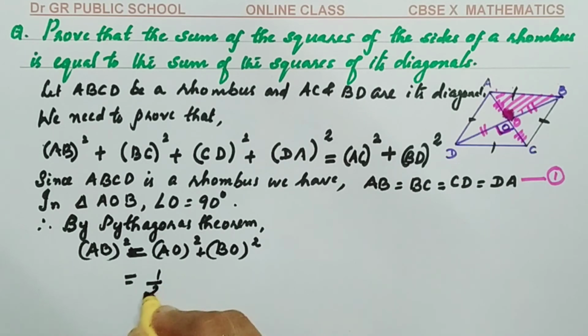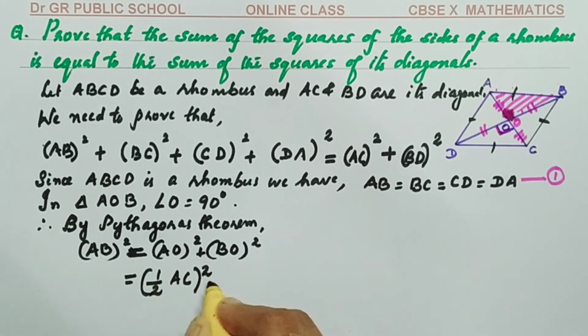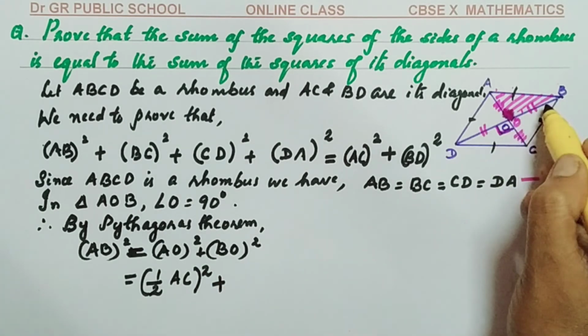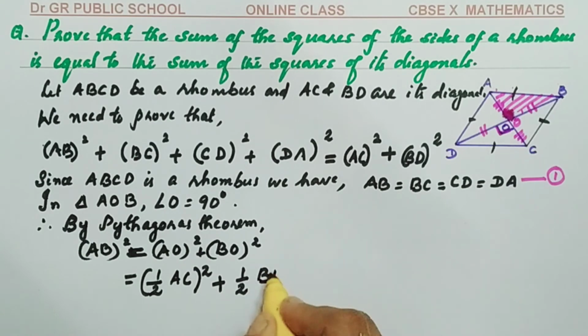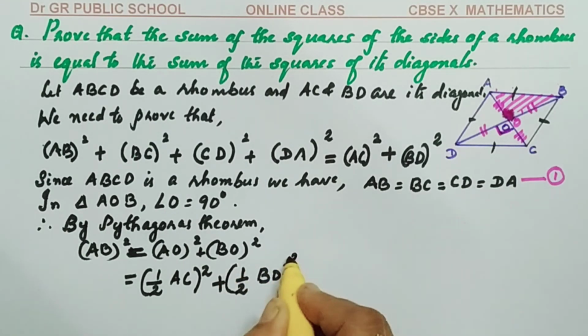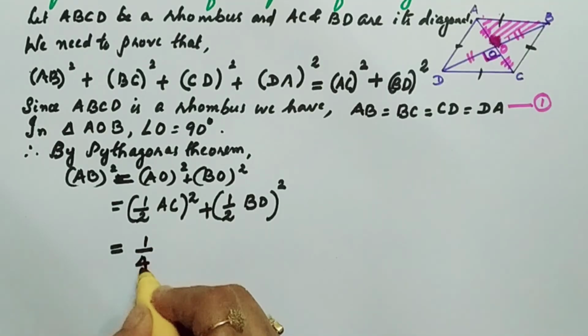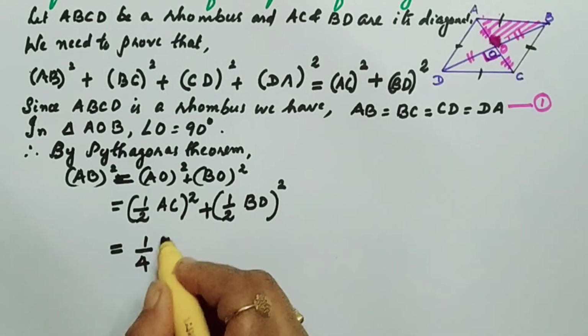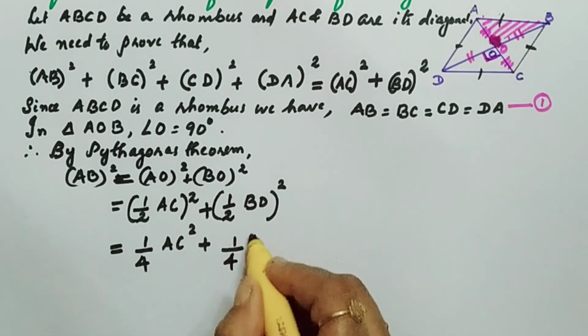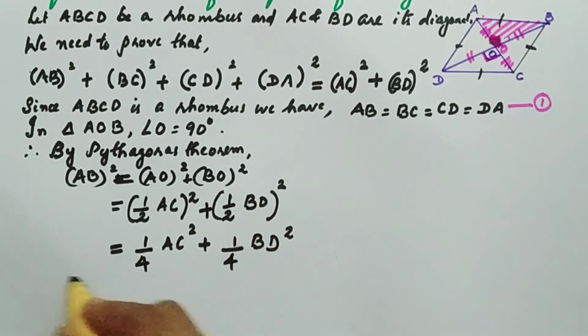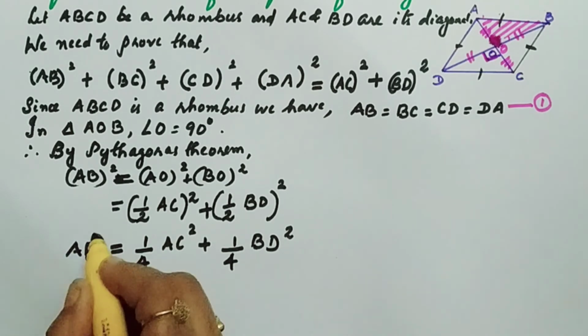AO can be written as half of AC because diagonals of the rhombus bisect each other, plus BO can be written as half of the total length BD. Half of BD, the whole square. This when expanded you get 1 by 4 AC square plus 1 by 4 BD square. This is your left side AB square.